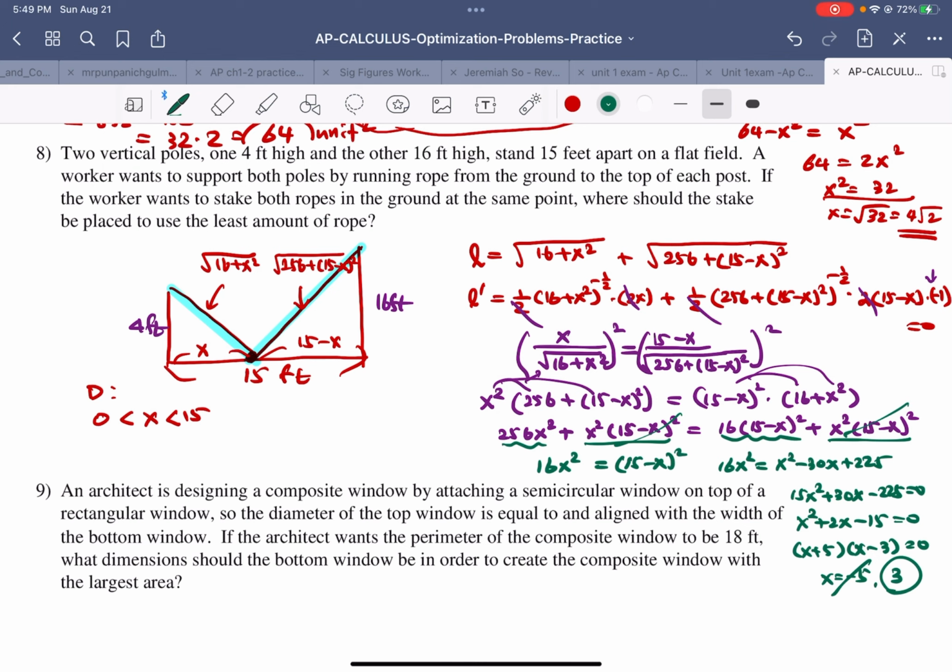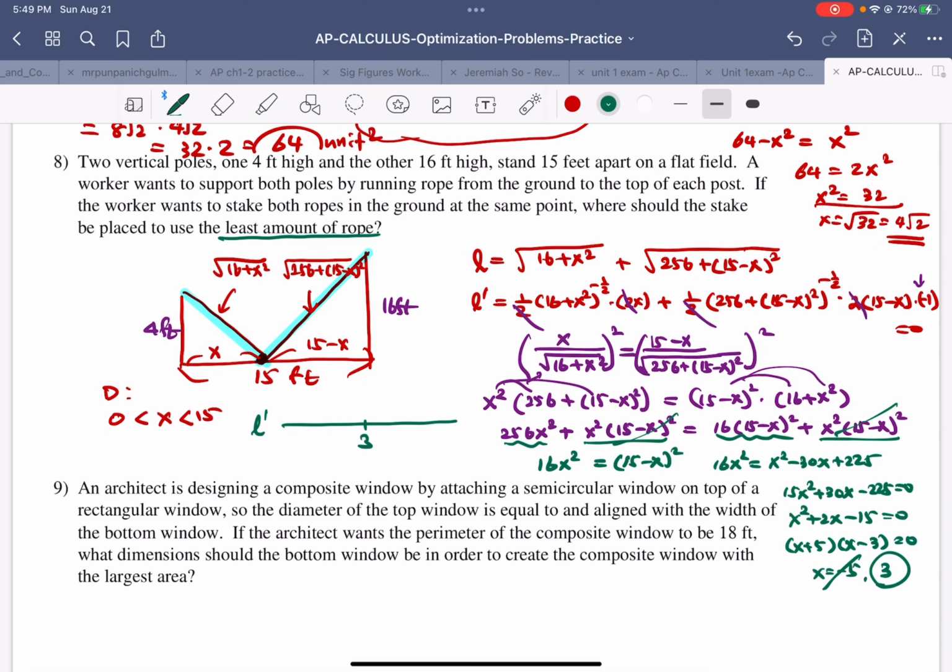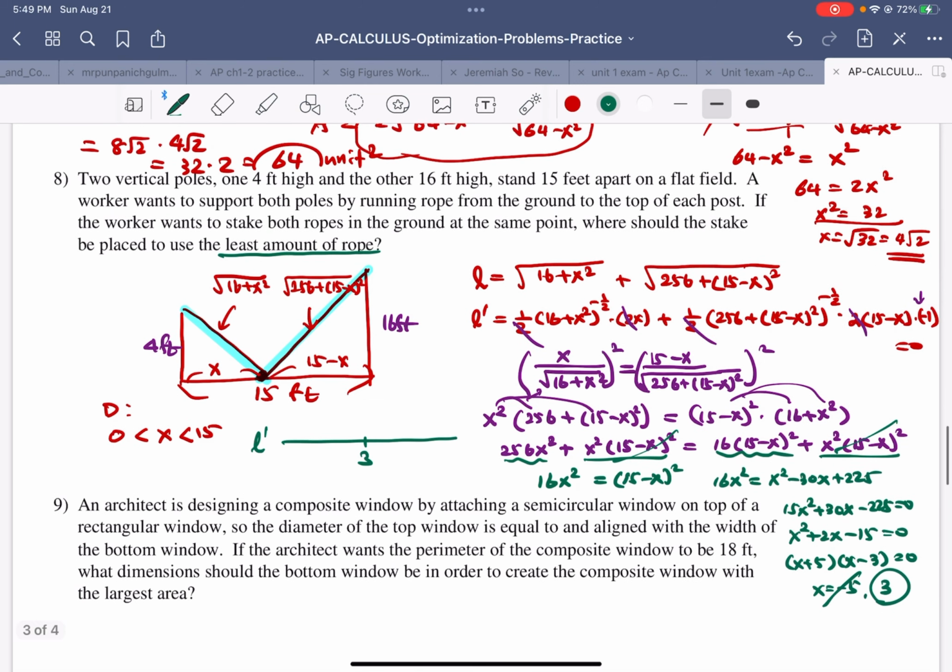But you have to show that one is actually the minimum, right? Because the least amount of rope. So L prime, you have to check 3. So basically you have to put that in here, okay?